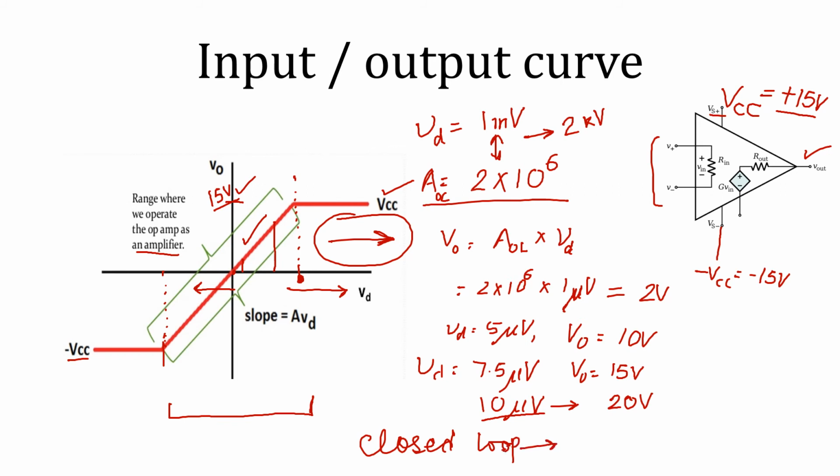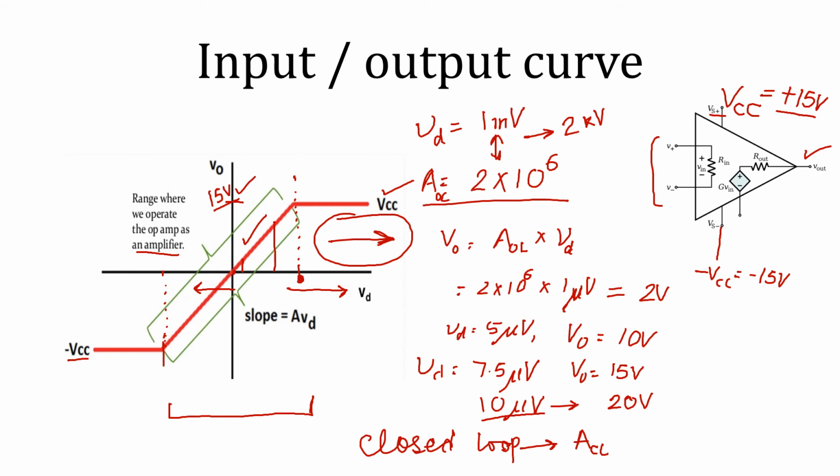When it is in closed loop mode, its gain can be controlled. So closed loop, that is CL, can be redesigned as per your requirement, and that depends upon the additional circuitry that we connect outside this particular IC, that is R1, RF. We will use different resistors outside this op-amp and we can design our own gain, but that will definitely be a closed loop or feedback based operational amplifier.